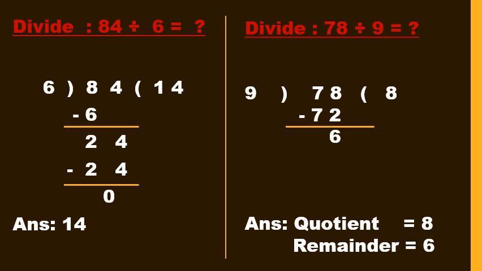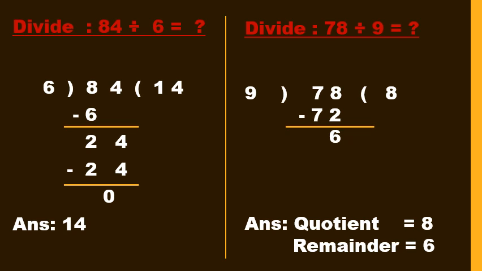So we are going to write 4 in ones place in the quotient, and we are placing 24 just below 24 in the dividend. So now 24 minus 24 gives us 0. So the answer is 14 over here. Clear?